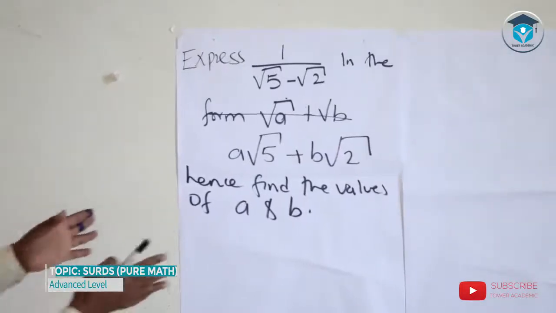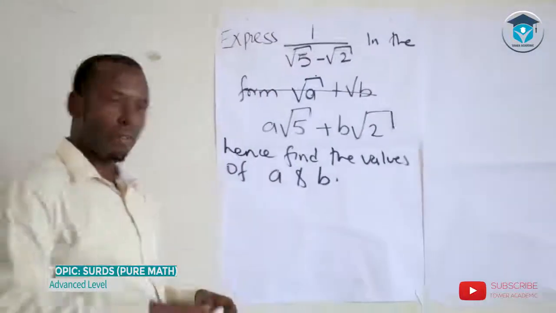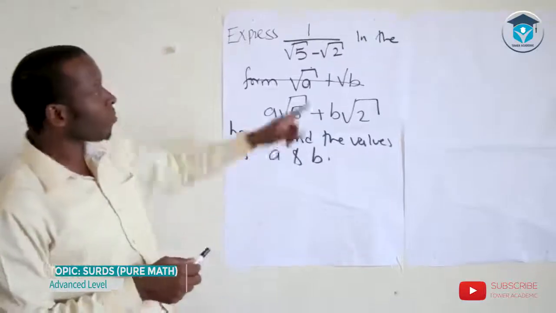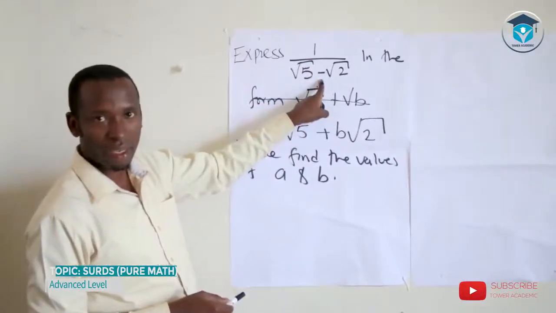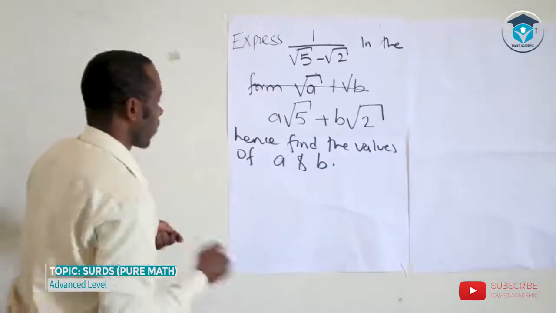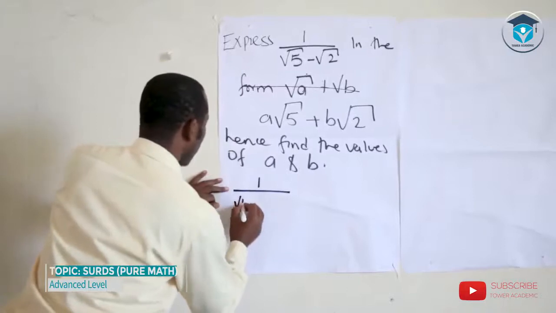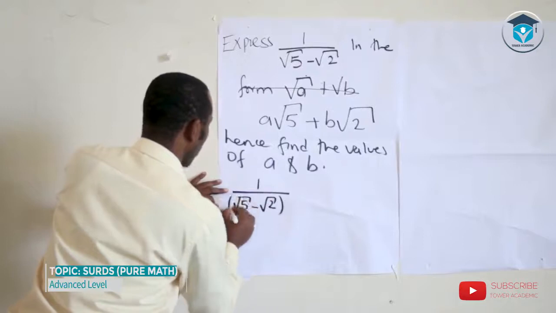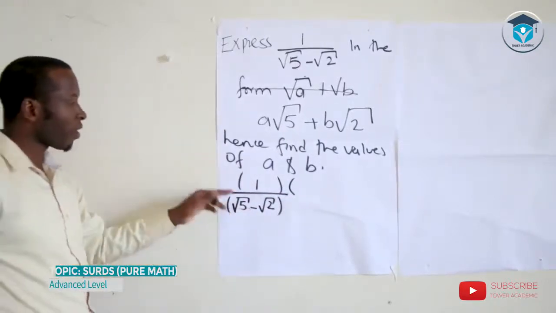So what basically this question requires, we still want to rationalize this. As I've told you in the first example, I want to use a conjugate. And remember, this time we have a negative here, so the conjugate will be a plus at this point. So that will be 1 over root 5 minus root 2. I'm going to multiply this by the conjugate, where I'll have a plus here.